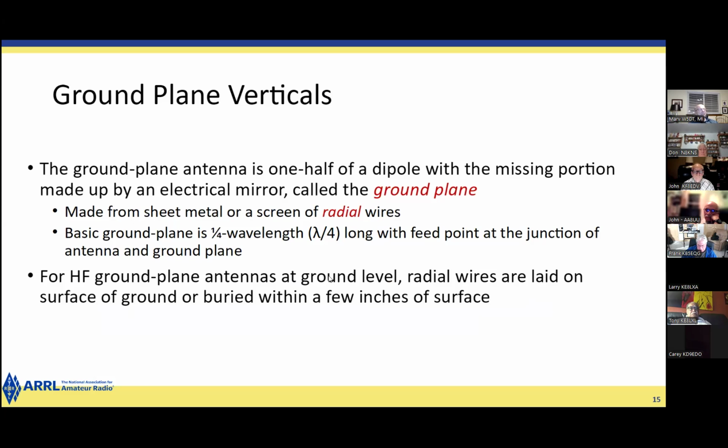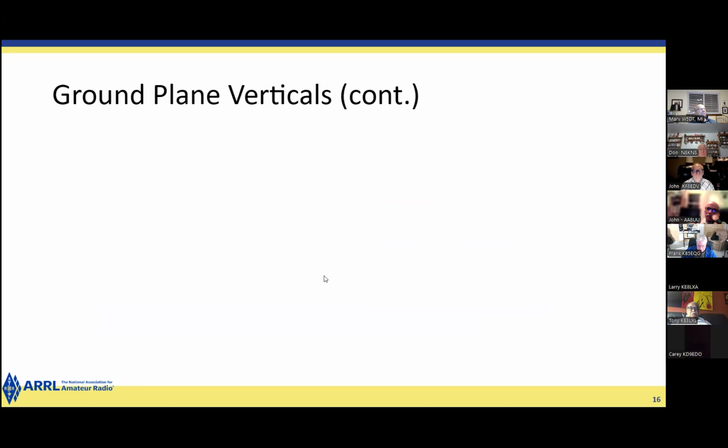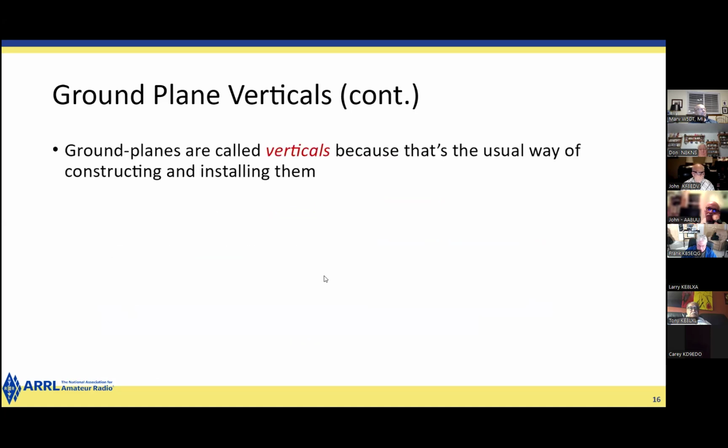Sometimes they work better if they're slightly above the ground. They're called verticals because that's the usual way of constructing and installing them. Now it doesn't have to actually be attached to the ground.